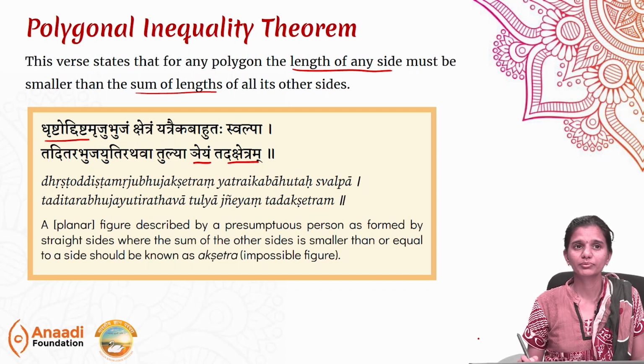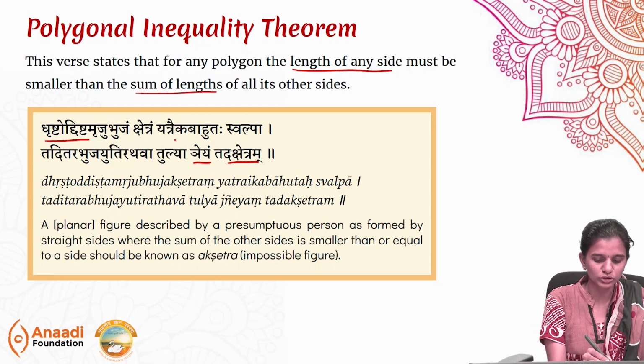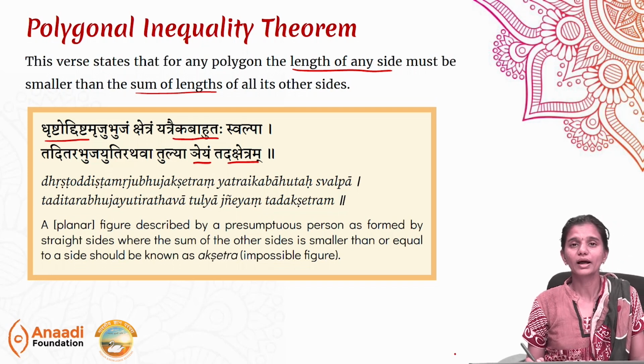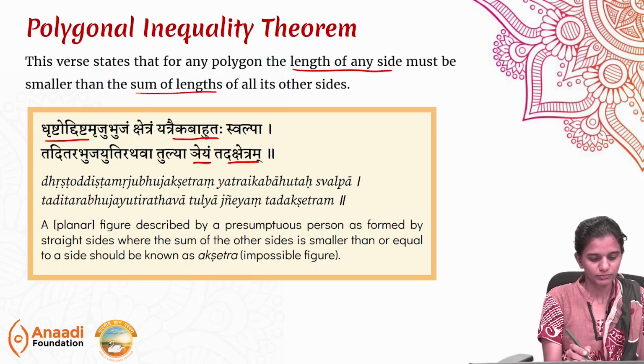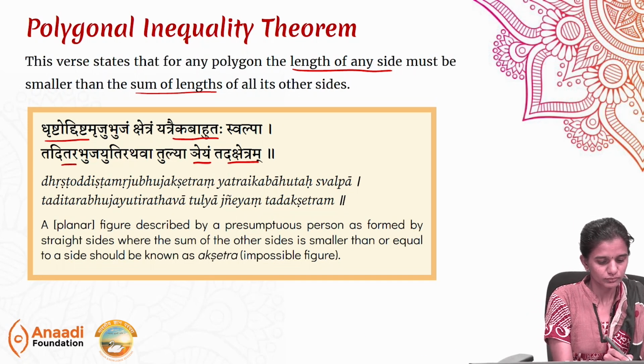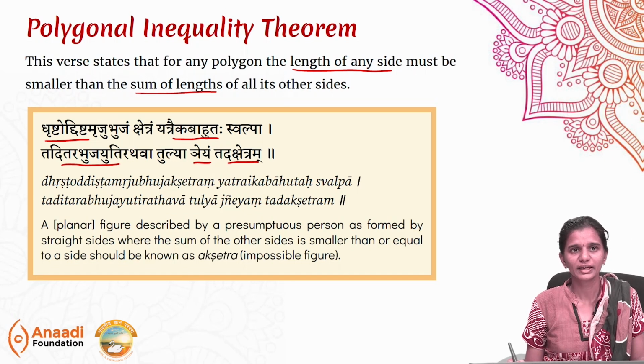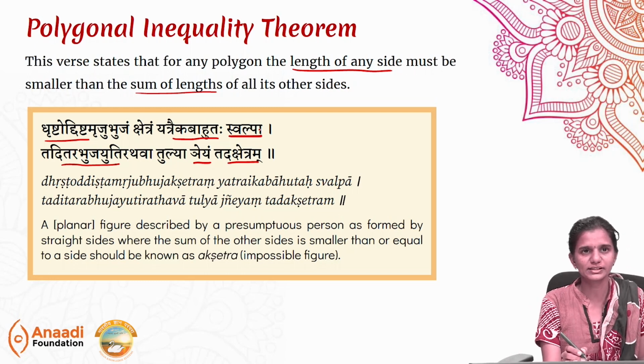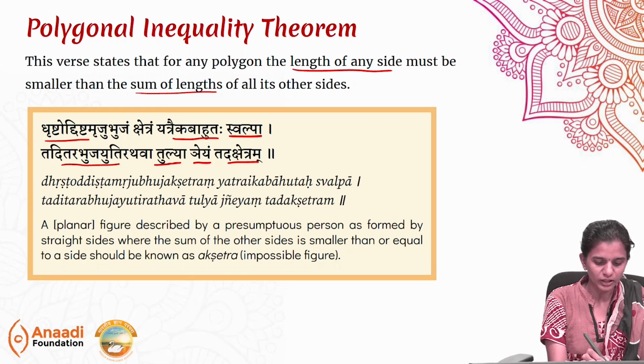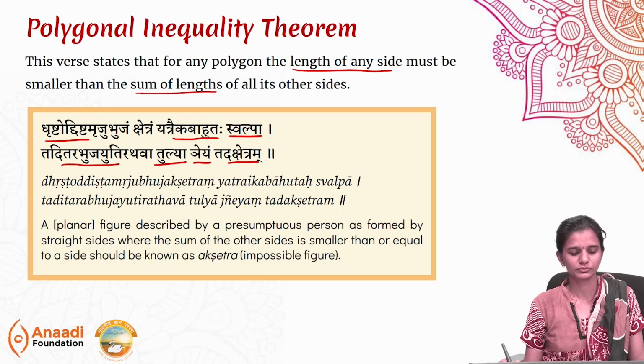What is he saying? He is saying that there is a polygon figure where ekabahutaha, that is, compared to one side, itara bhujayuti, sum of all other sides is less or equal. Swalpa means less and tulya means equal. Such a figure is impossible, he says.